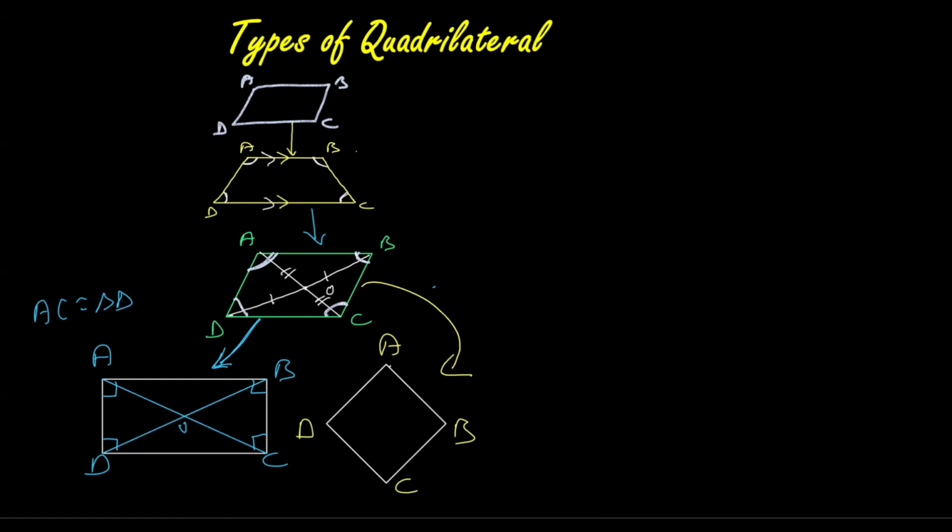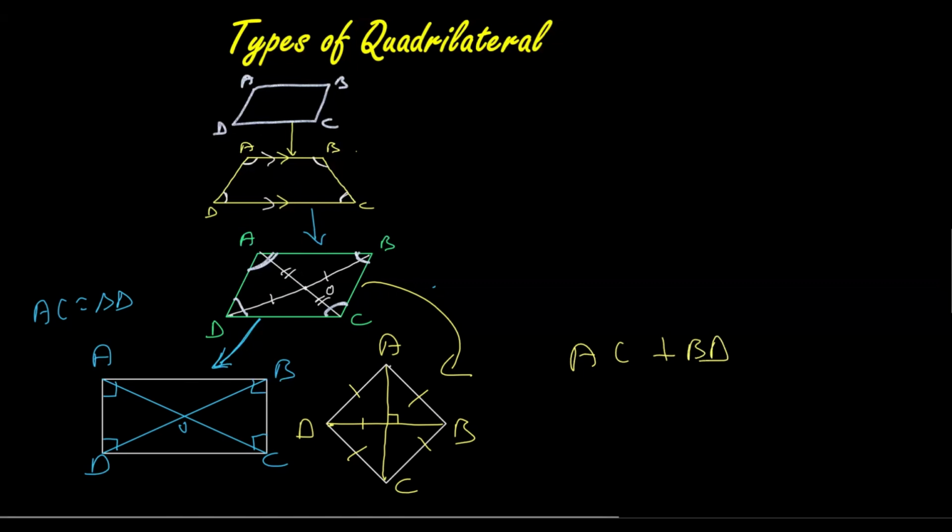In addition, number one, all sides are equal in length and the diagonals bisect each other at 90 degrees. So bisect each other has to be there because it is a type of parallelogram. But here the diagonals not only bisect each other, but bisect each other at 90 degrees. That means AC will be perpendicular to BD.